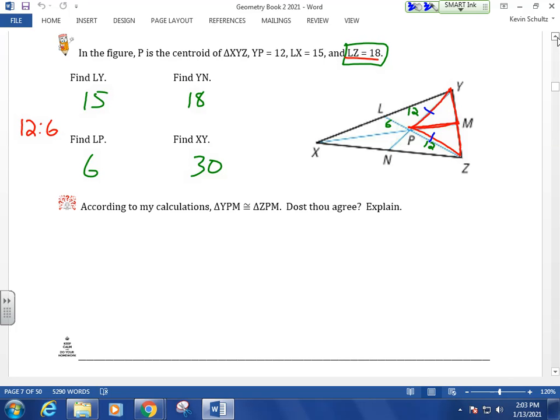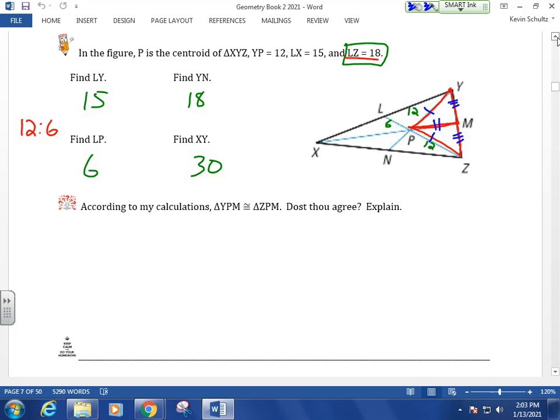Give me another piece of this puzzle. Alan? MP and MP share the same side. I love the reflexive property. Whenever there's a shared side, just mark that congruent. Lucas? YM and MZ are equal. Because? Because M is right in the middle of line YZ.